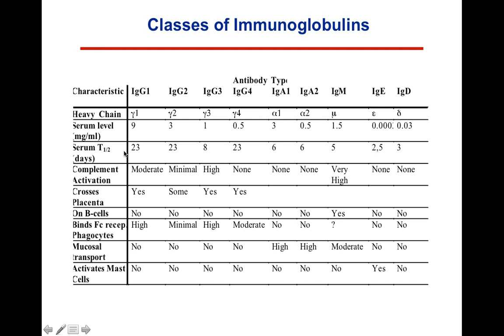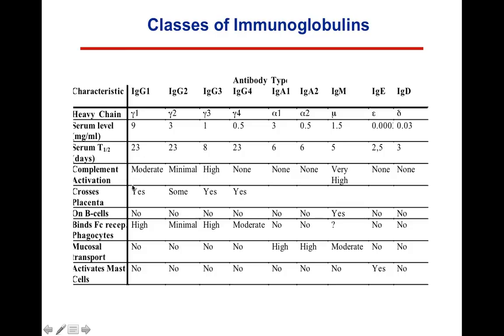The serum half-life is quite a long time. In days, it's almost 3 weeks for IgGs: IgG1, IgG2, and IgG4. For IgA, it's about a week. IgM is also about a week, 5 to 7 days, 6 days. And IgE, it's about 2 to 5 days.